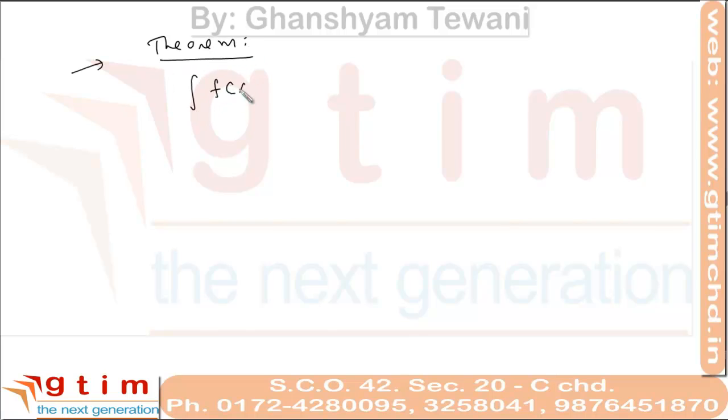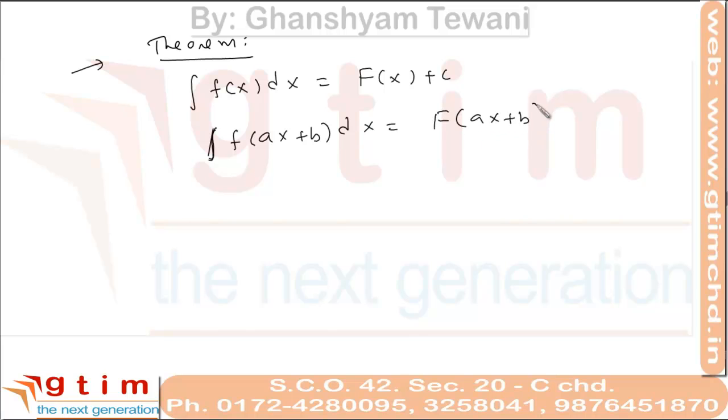If integration of f(x) is capital F(x) plus c, then integration of f of ax plus b is equal to capital F of ax plus b divided by a, plus c. In fact, we divide this function by a, which is the coefficient of x.